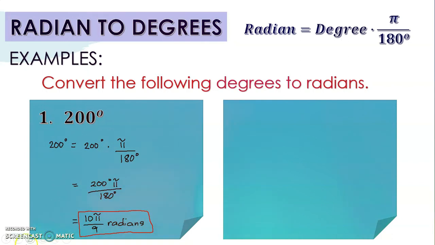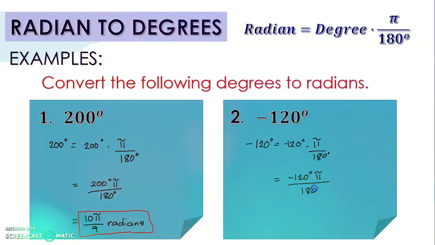Let's have example number 2, negative 120 degrees. So, in the same manner, copy the negative 120 degrees times pi over 180 degrees. Multiply, so it will become negative 120 degrees pi over 180 degrees.